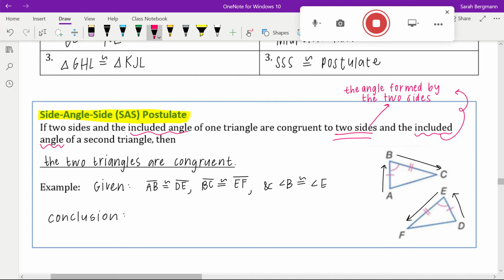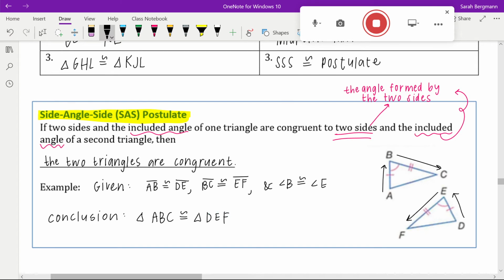So, if we are given that AB is congruent to DE, BC is congruent to EF, and angle B is congruent to angle E, we can conclude that these two triangles, triangle ABC and triangle DEF, must be congruent.